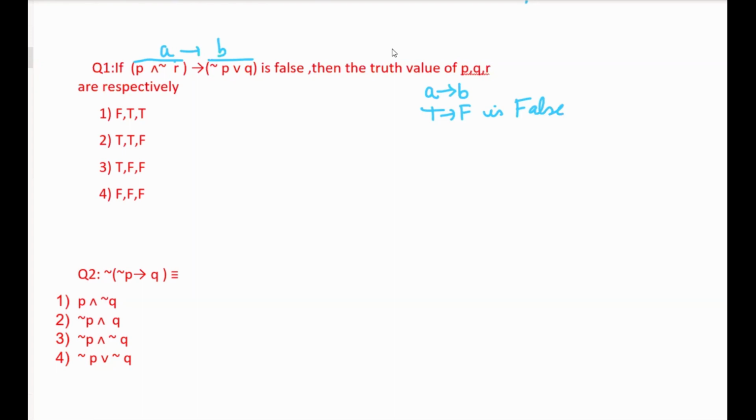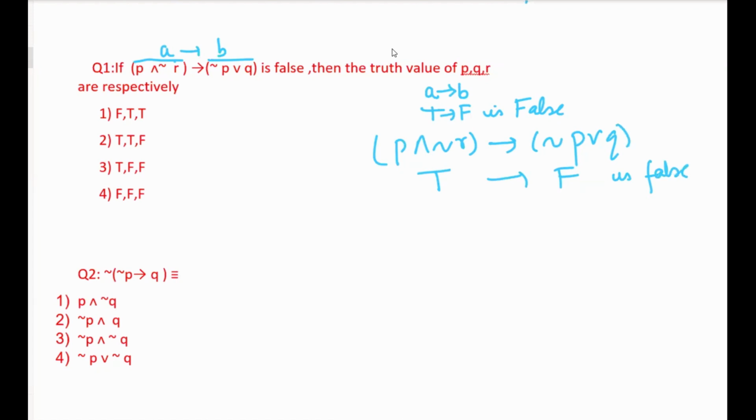So we move stepwise. Now look, what is written here? P intersection negation R implies negation P union Q. We know that if the first is true and the second is false after the sign of implication, then only I get a false answer.